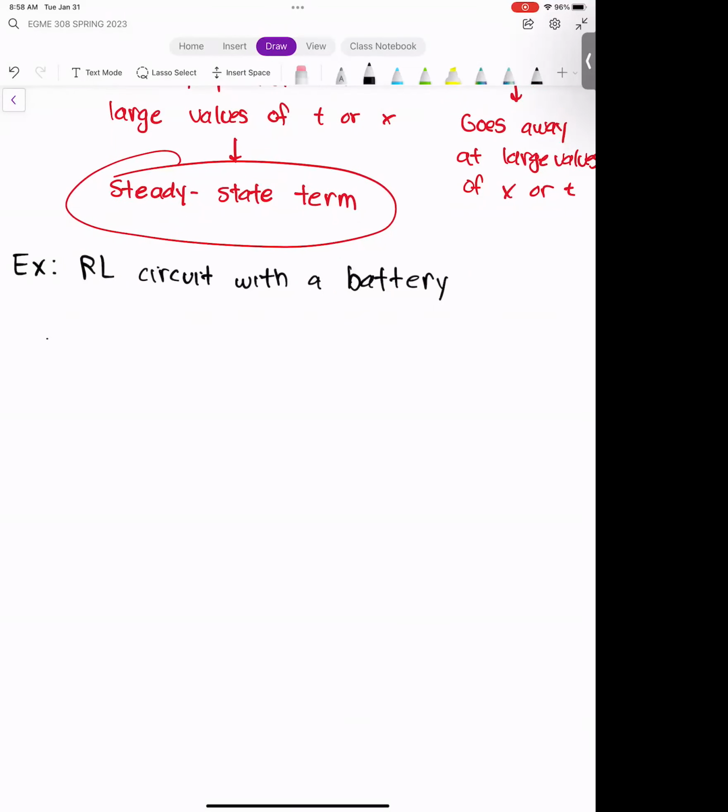Visually, it looks like this. So first we have the battery, then we have the resistor, and the inductor, and the circuit's connected in this terrible way.